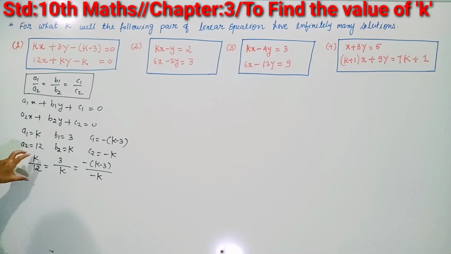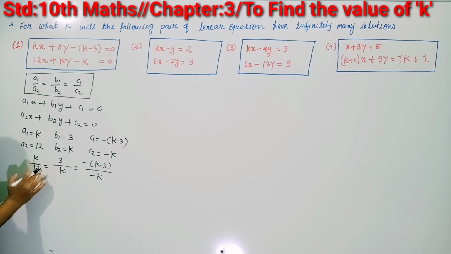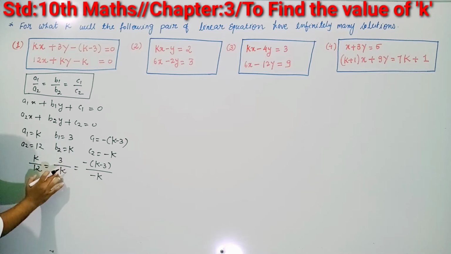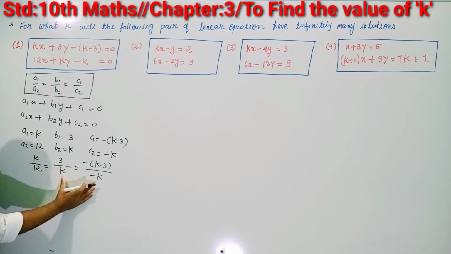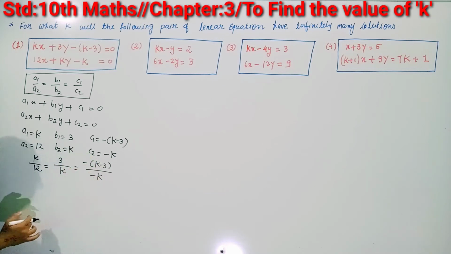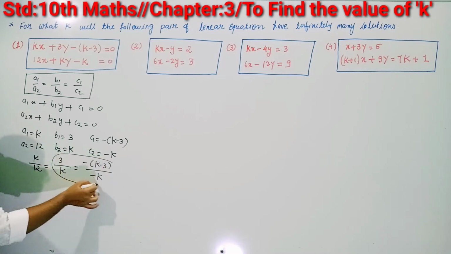Students, from here you can take any two ratios. Either you can take k by 12 is equal to 3 by k, or you can compare 3 by k with minus (k minus 3) by minus k. Let us consider these two.